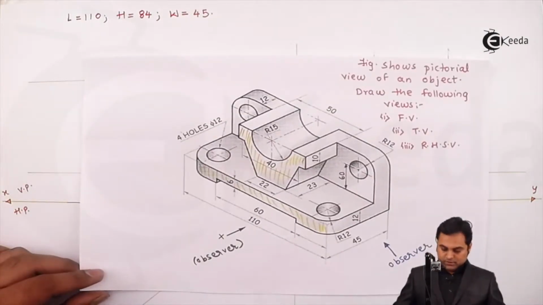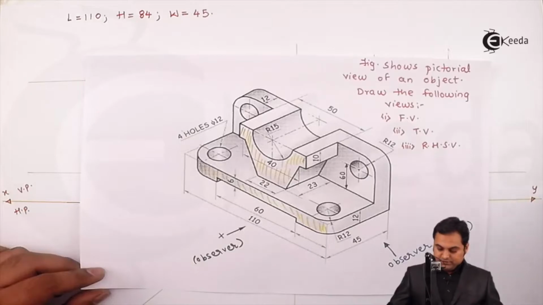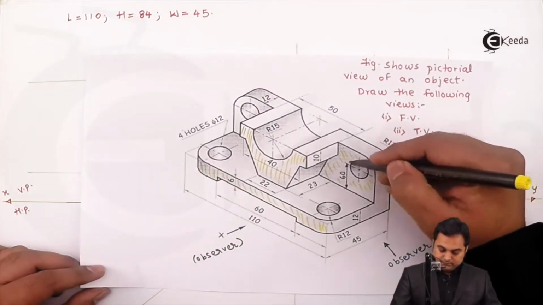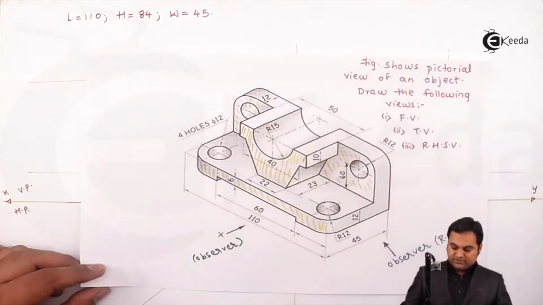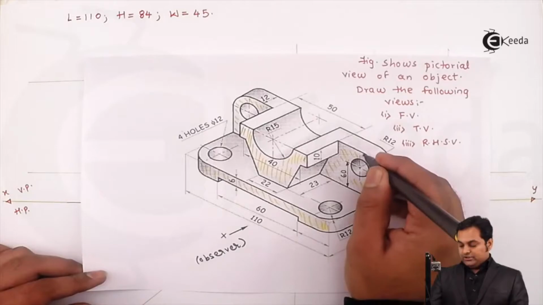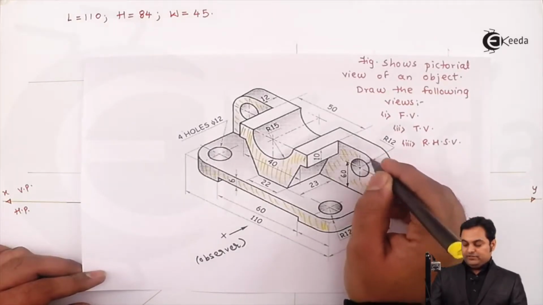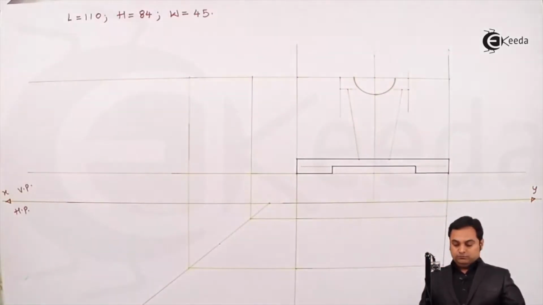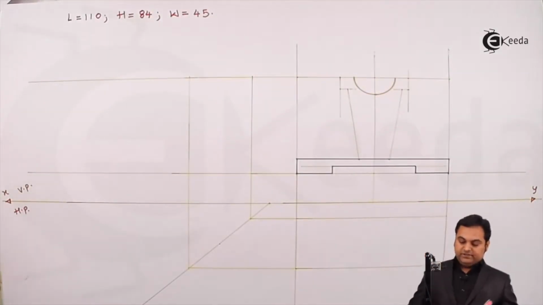Then after this, the surface which is behind, these surfaces are also visible. And here the corner is having 12 mm radius on one side, on the other side 12 mm radius is there. So I'll draw those arcs.